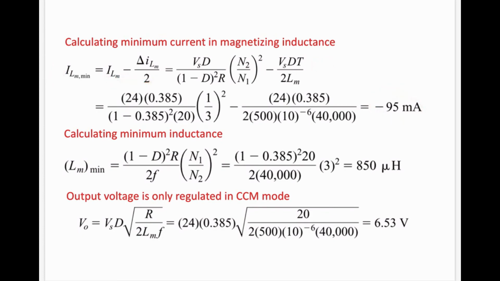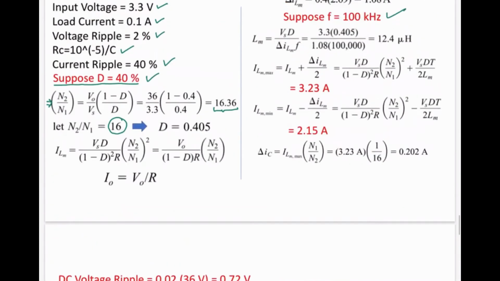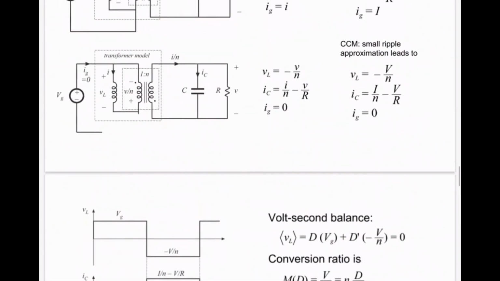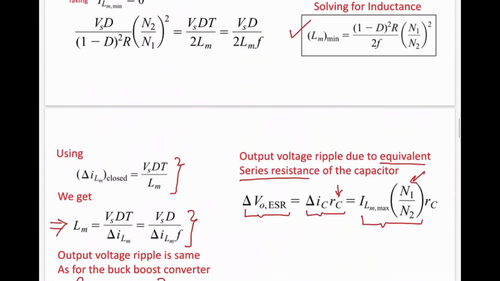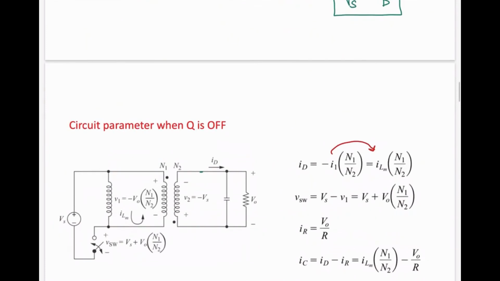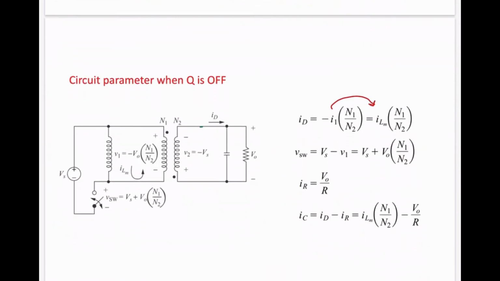Can it be negative? If I go back to the circuit diagram again, we can explain it from this diagram. When this switch is on, this is the path of the current, and when the switch is turned off, this current is diverted over here, but it always remains downward. The direction of the current through the magnetization branch is always downward.